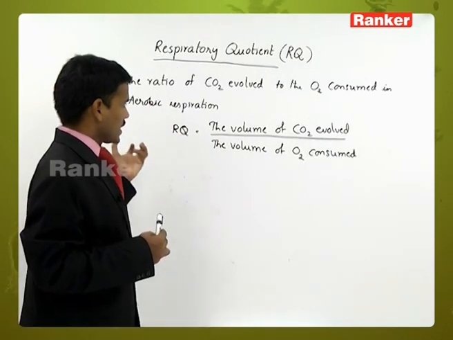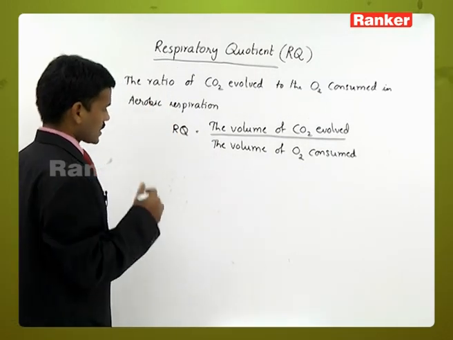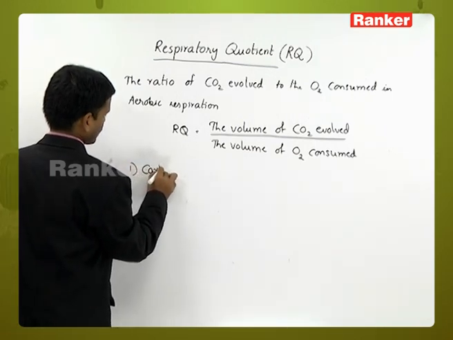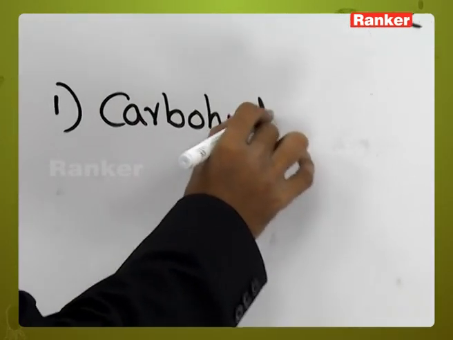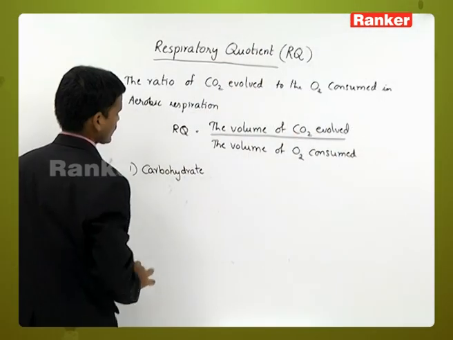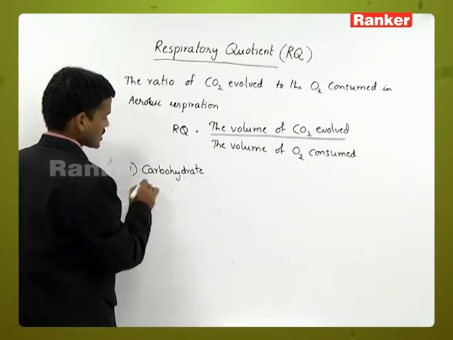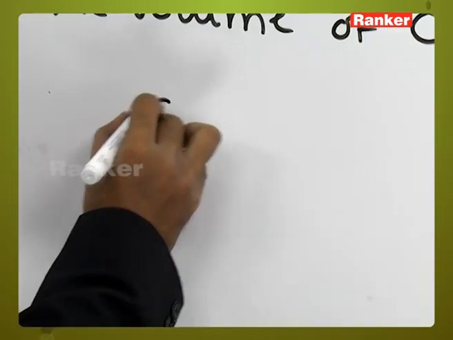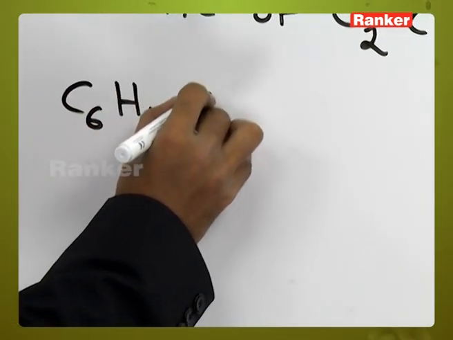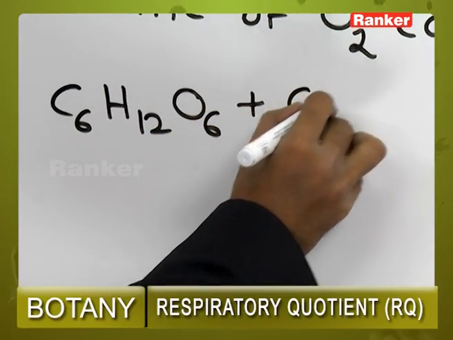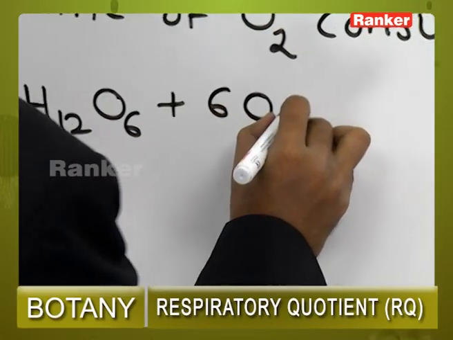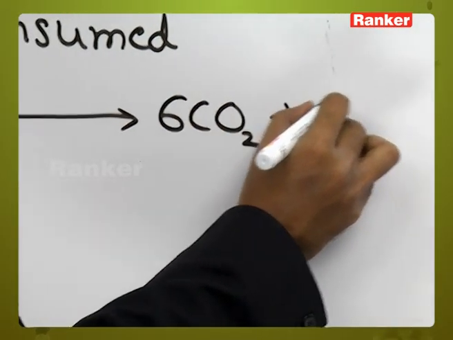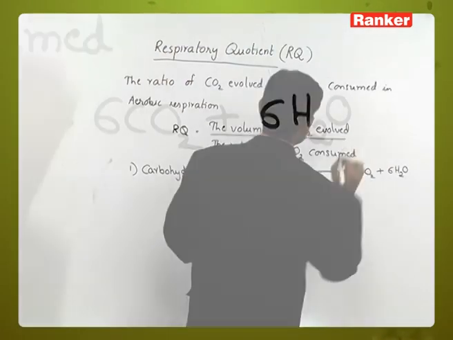If the respiratory substrate is carbohydrate, we know the aerobic respiration equation: C6H12O6 plus 6 O2 gives 6 CO2.